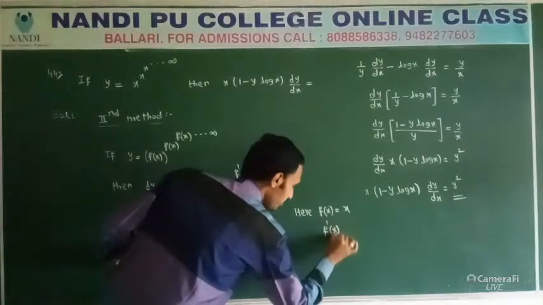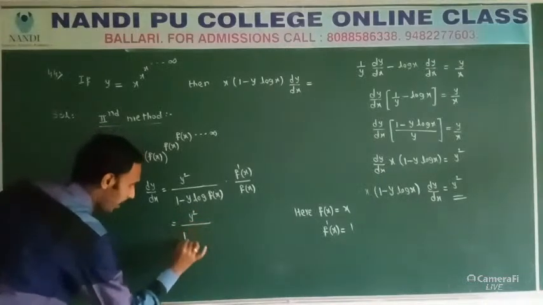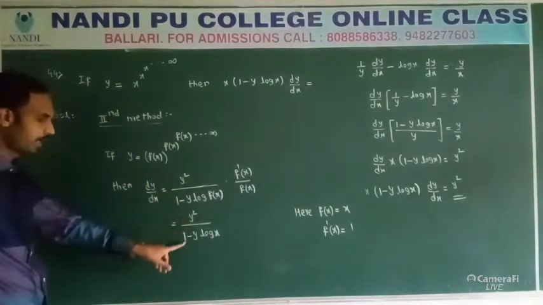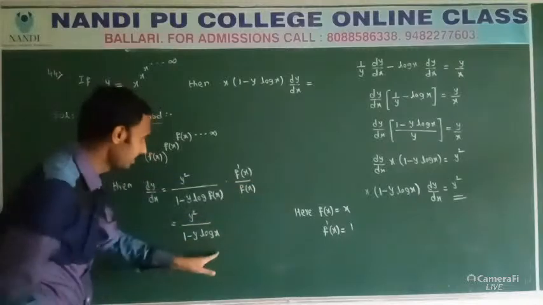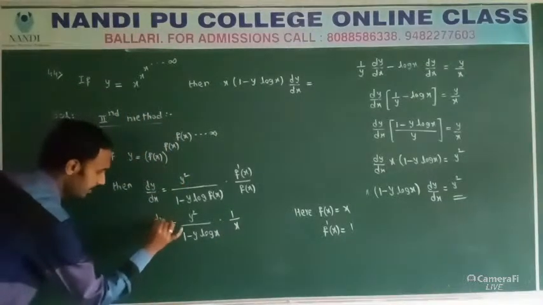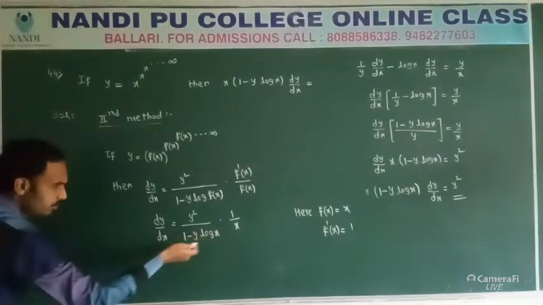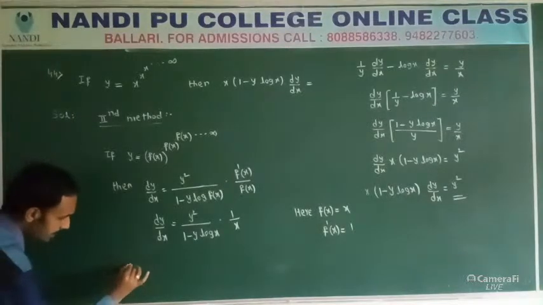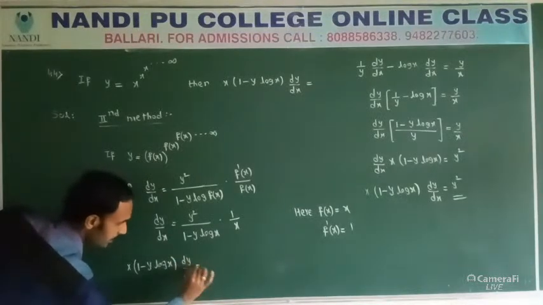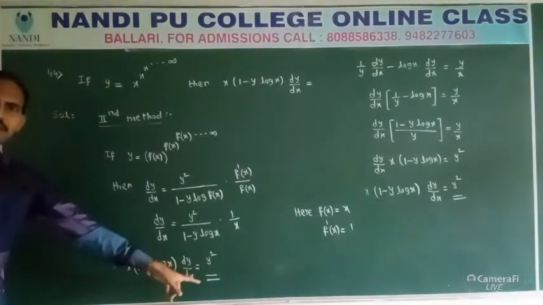Differentiate f of x: derivative f dash x is 1. Substitute it: y square by 1 minus y log f of x, which is x, into f dash x, which is 1, by f of x, which is x. On the LHS dy by dx is there. Cross multiply: x into 1 minus y log x into dy by dx is equal to y square. So that is the answer. If you have the formula, the direct answer will come: y square.